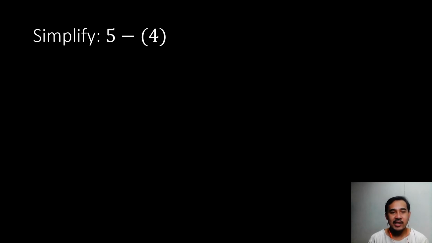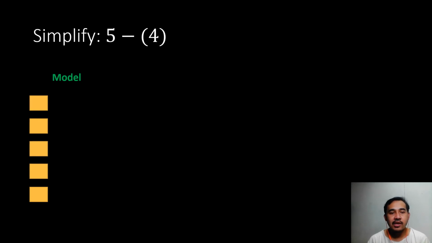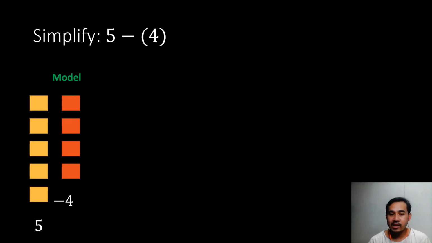Let's have an example. Simplify 5 minus 4. Having the model, we have 5 yellow tiles, which has a value of 5, and then we have another 4 yellow tiles, which is 4. However, in our process, we said to change the sign of the subtrahend. So changing that leads you to -4.